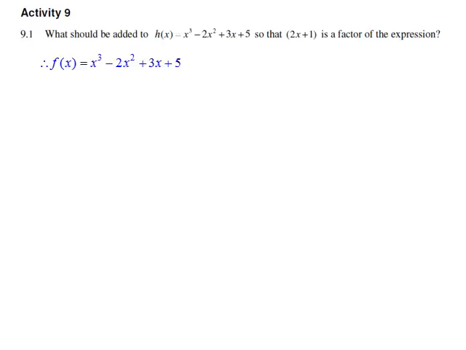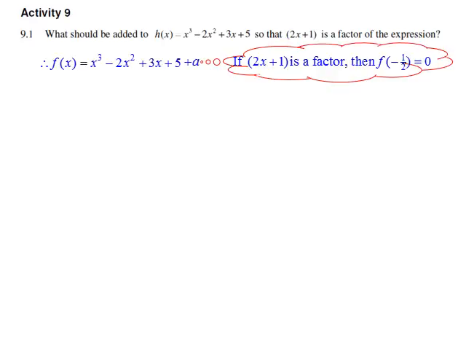So I'm going to define a new function f(x), which is h(x) plus some constant, and that is the value which must be added so that 2x plus 1 is a factor of f(x), which means that f(minus a half) is equal to 0.